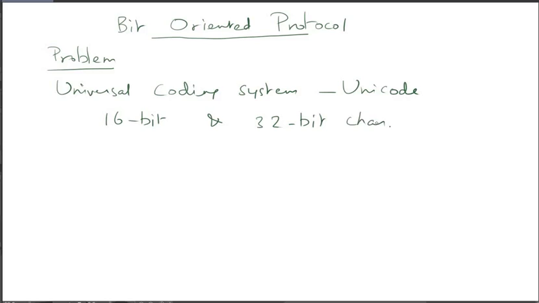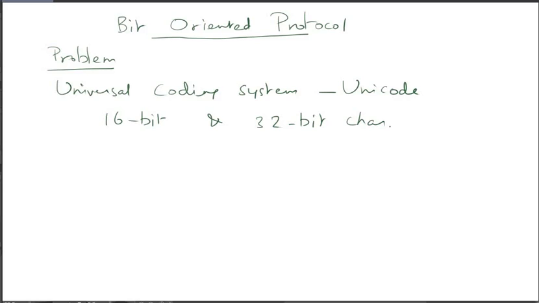So this conflicts with the 8-bit characters in the variable size framing. To overcome this problem, we use this method, that is the bit oriented protocol. Now we'll see what this bit oriented protocol is.